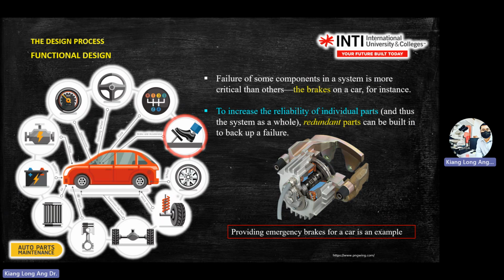If you buy those expensive cars, the car has a lot of these redundant systems. Even if you want to slip the car, you cannot. It's so stable, with a lot of auto correction.